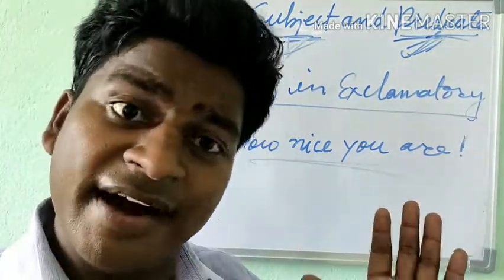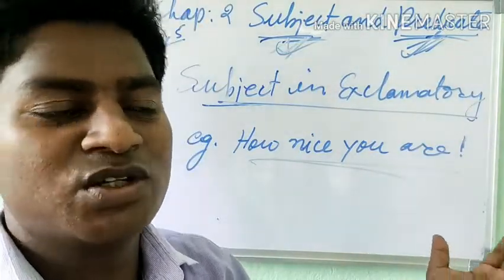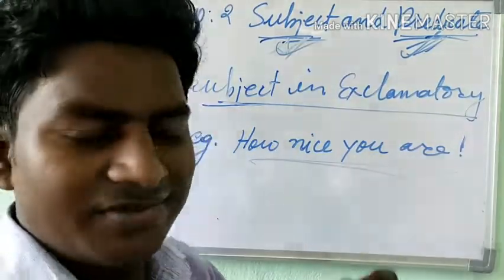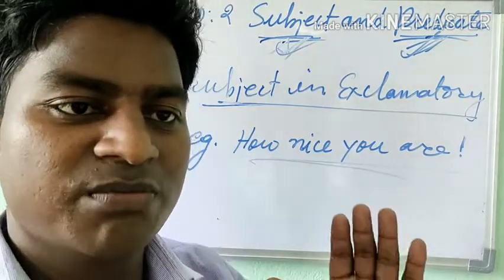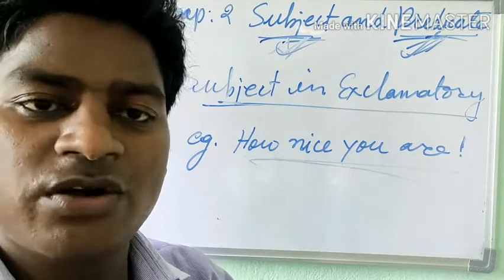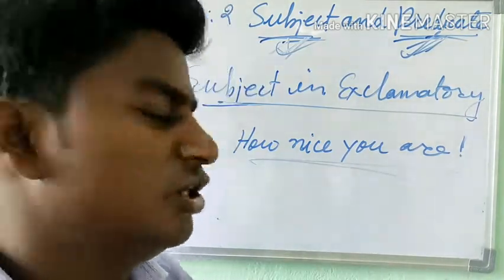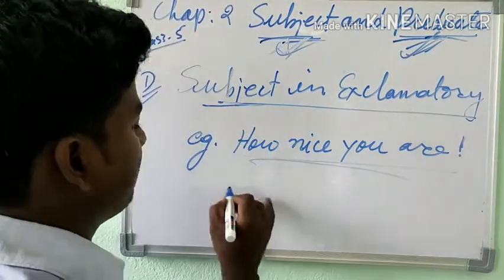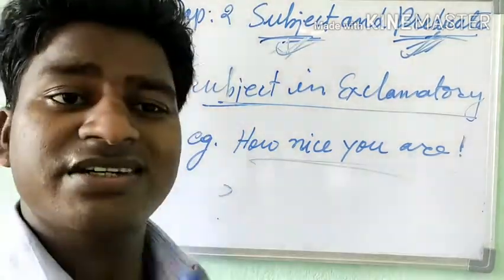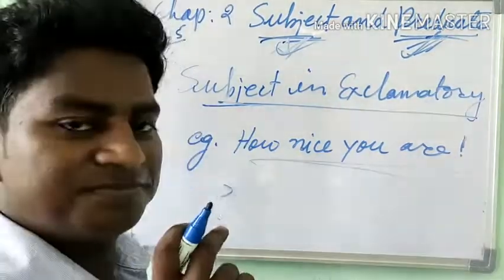How nice you are is an exclamatory. So in that we cannot just find, but we can, an easy way to find out the subject, and for that we have to just change the order of the sentence. That is just a simple statement we will try to make from that.